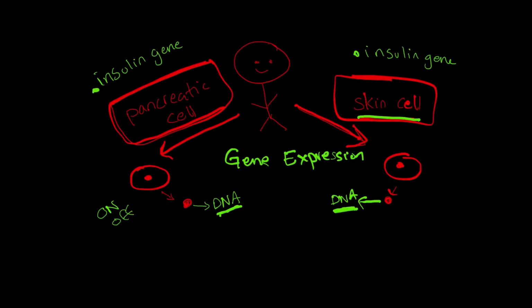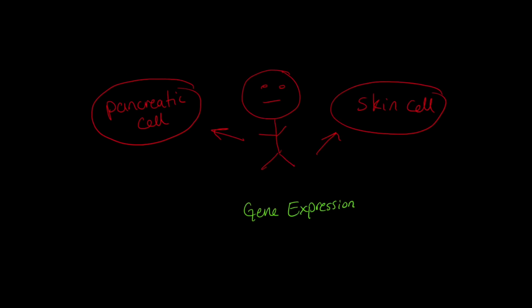You will find the code in both cells. بنلاقي الكود موجود في skin cells، موجود في pancreatic cells، لكن في pancreatic cell it's switched on. في skin cell it's switched off. يعني هنا يشتغل وهنا ما يشتغل، هنا مقفل. I apologize, I accidentally lost the drawing I was using, so حاولت إني أعيدها مرة ثانية، بالغلط راحت الصورة.